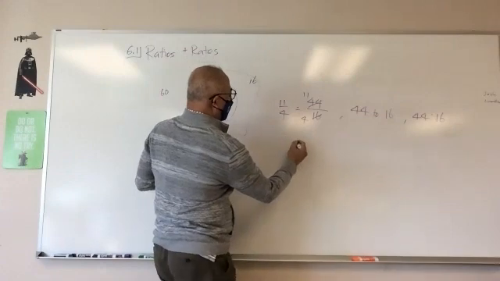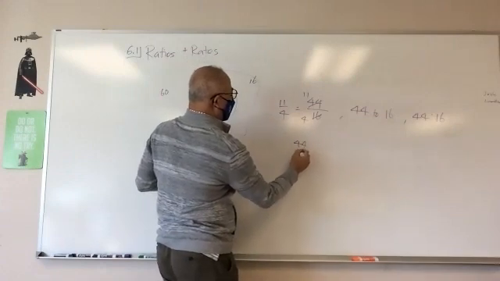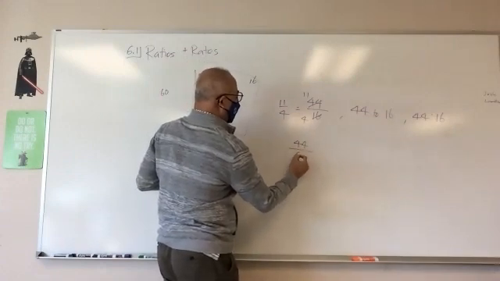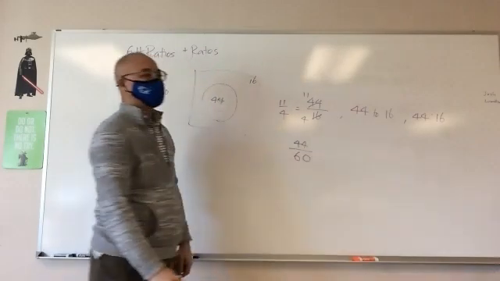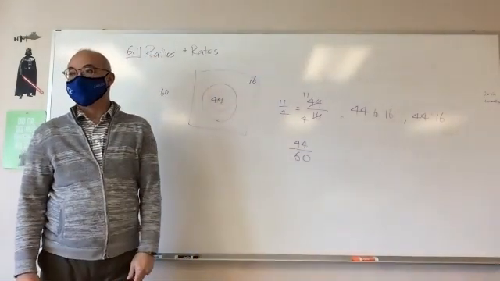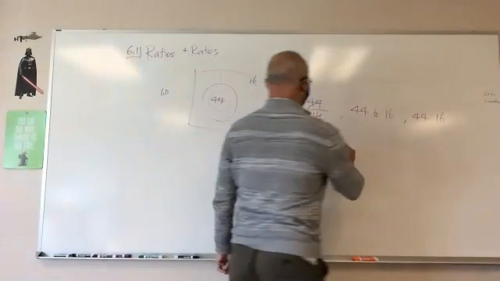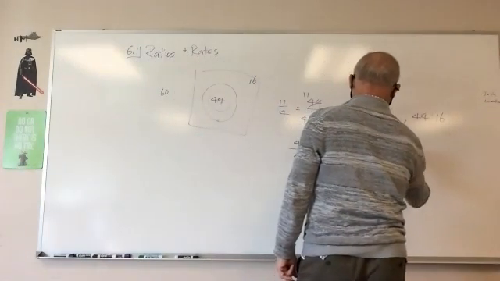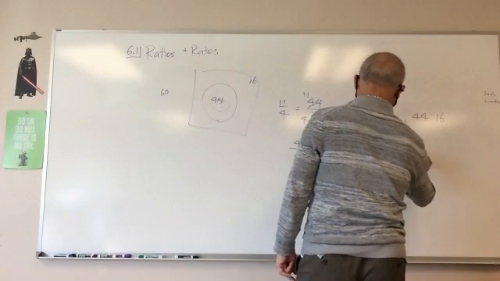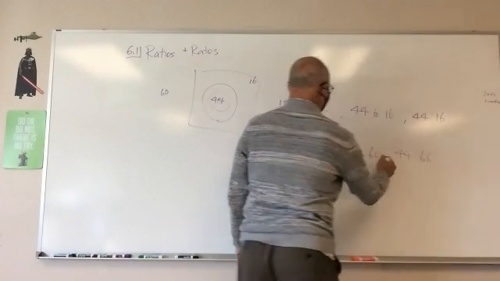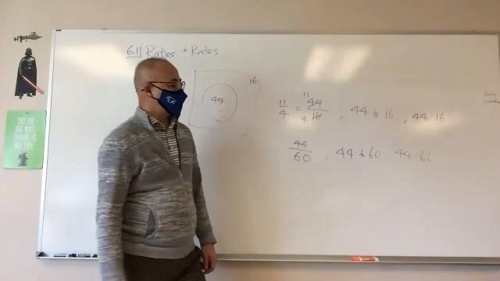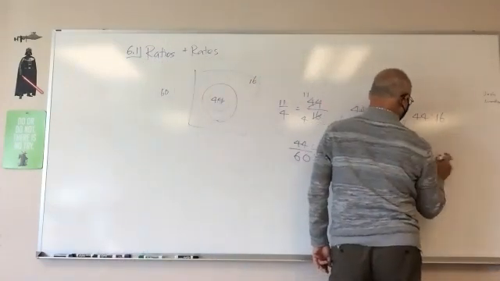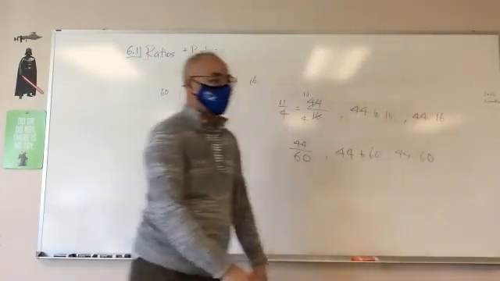So we're going to have 44 hits of the total of 60 arrows, correct? In other words, we can write this as 44 to 60 or 44 over 60, not 66, 60, okay?